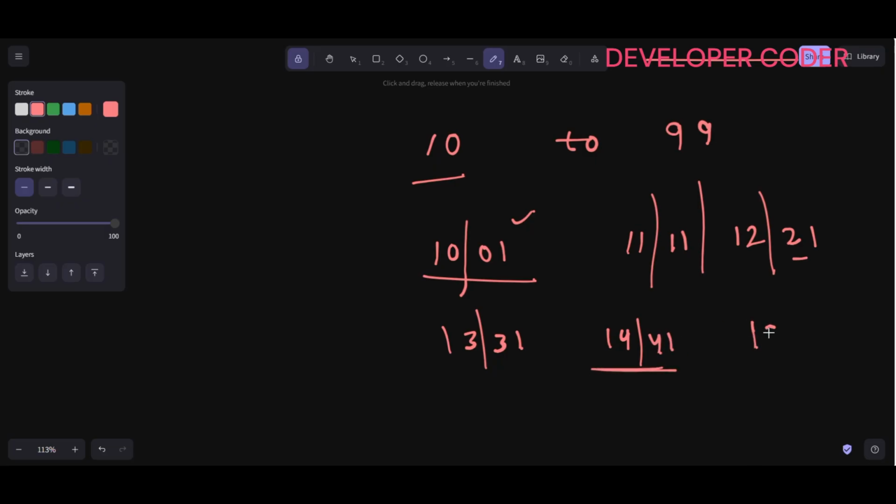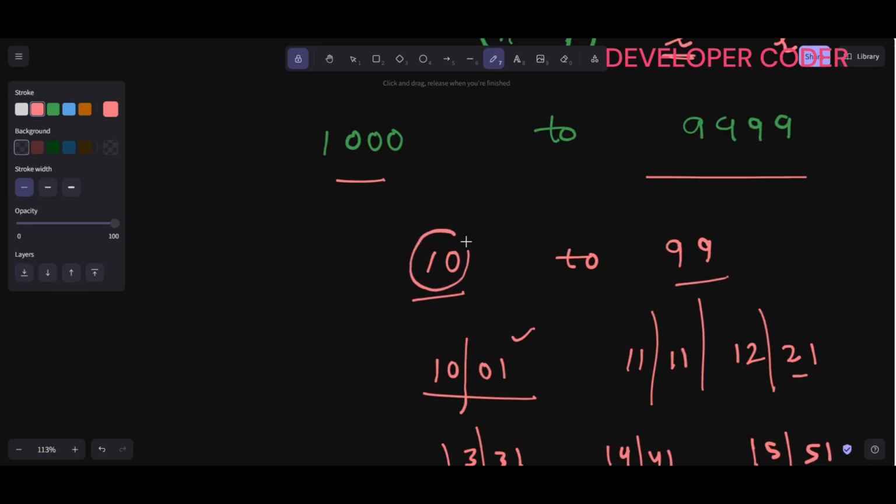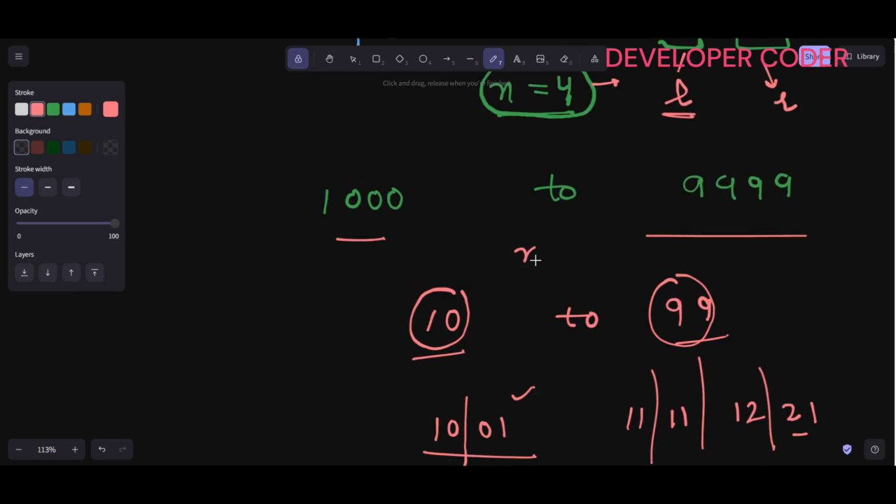Then 15, here 1551 you have to write. Then same way if you write 99, here 99. So with just these two-digit integers, 10 to 99, you can form the 4-digit numbers. If n is equal to 4, then you have to just use 10 to 99, right?